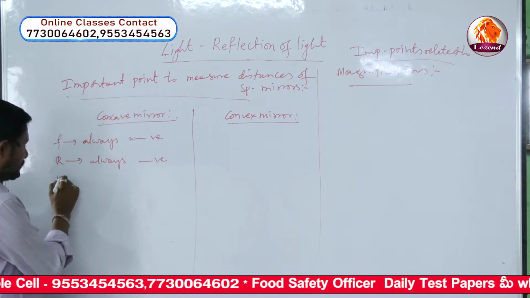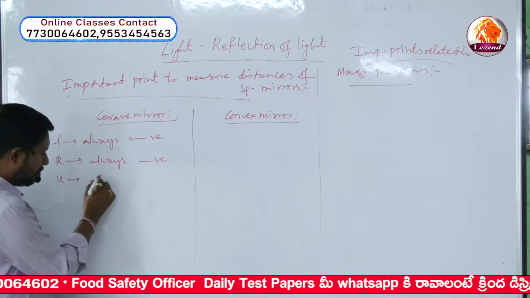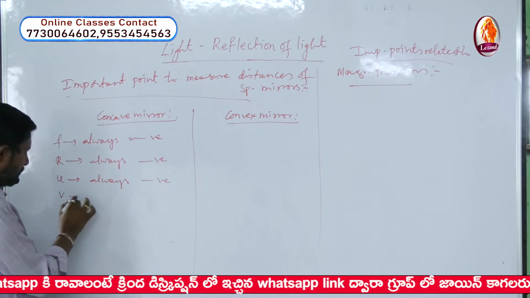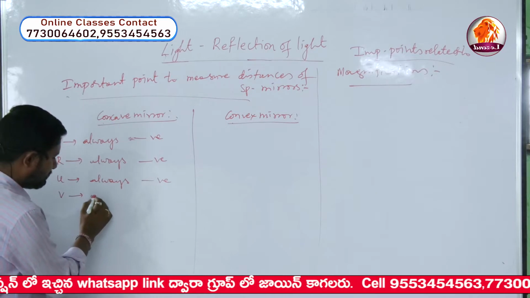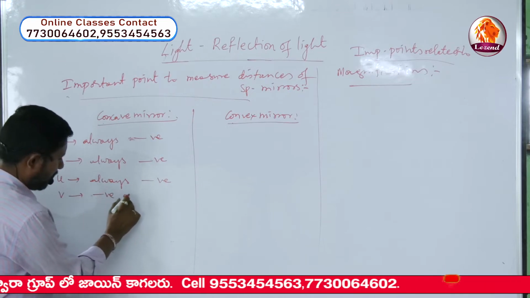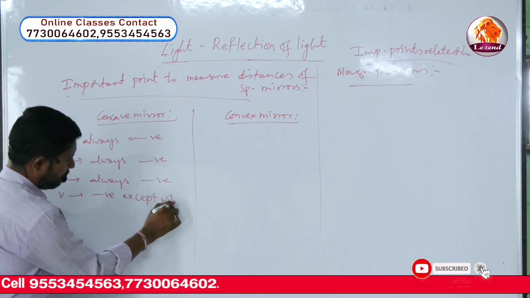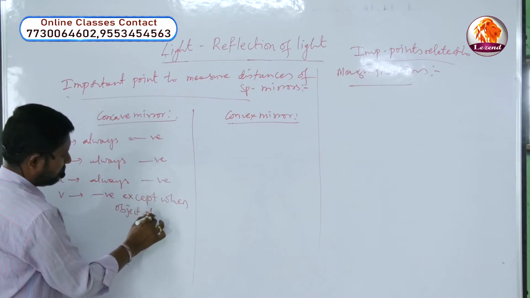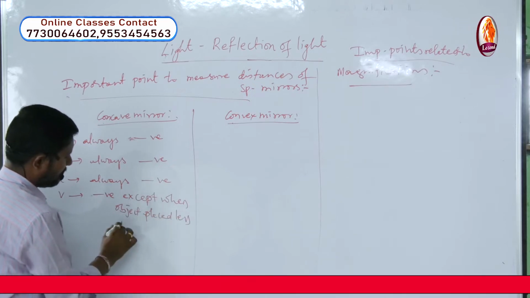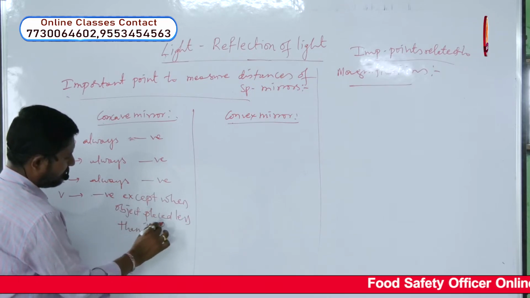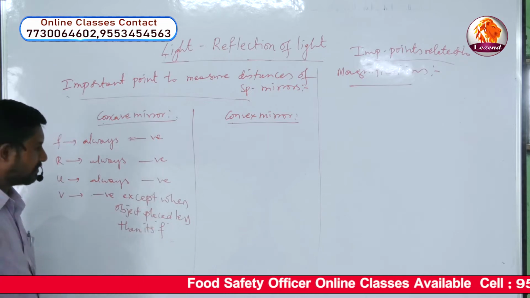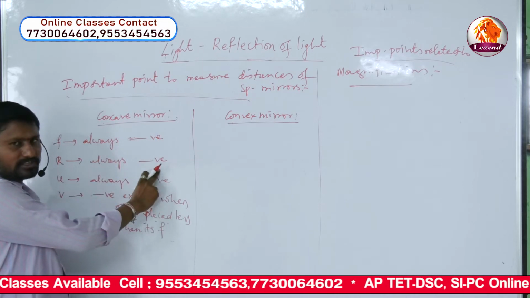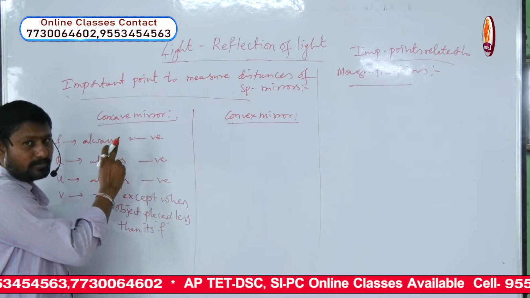Next, object distance u is always negative. And image distance v is negative, except when the object is placed at less than its focal length, small f.